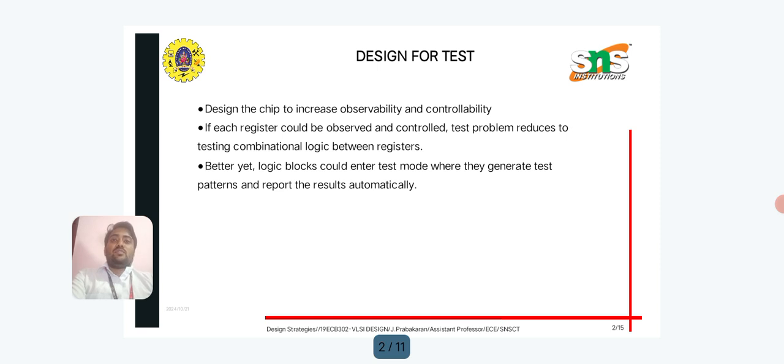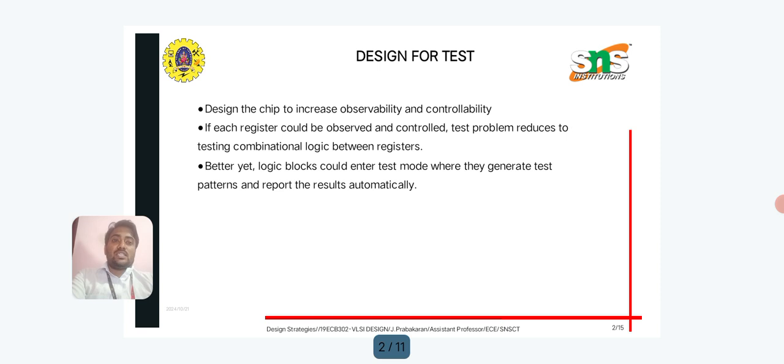The first one is design for test, that means DFT. Design VLSI circuits in such a way that they are easier to test without compromising performance and functionality. Design the chip to increase observability and controllability.